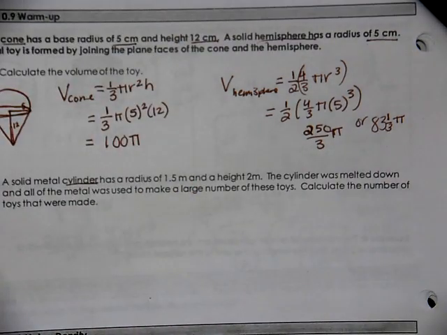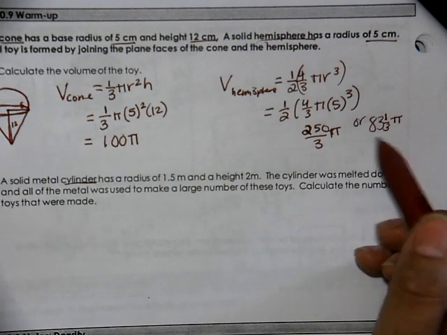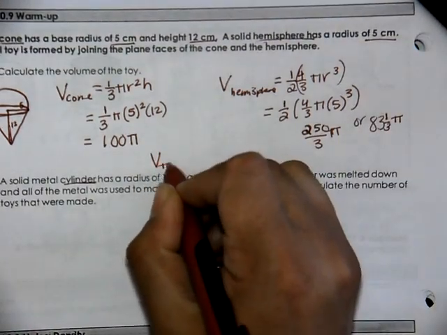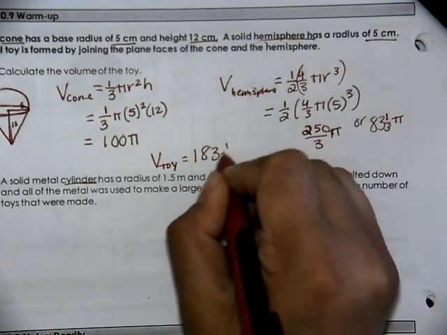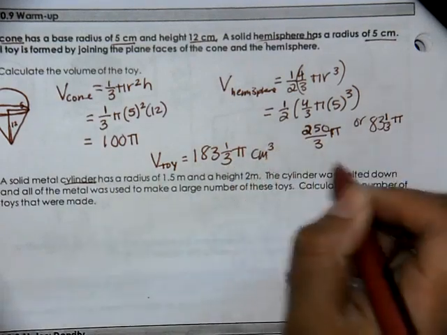Now we just have to add 100 to this 250 over 3, and you could either write it with the 83 1/3, so one possible answer for the toy would be 183 1/3 pi, and the units are centimeters cubed.